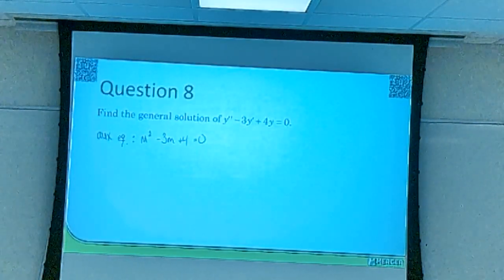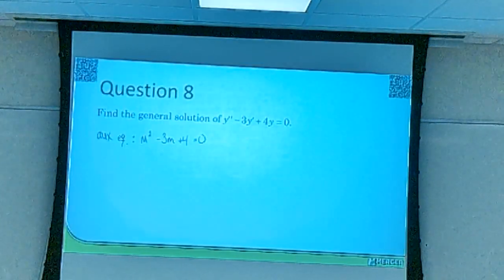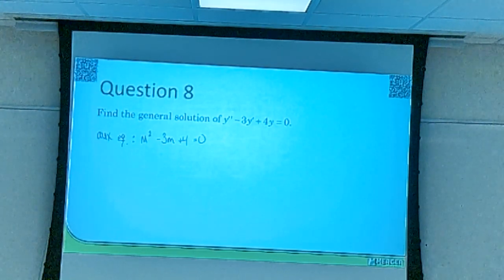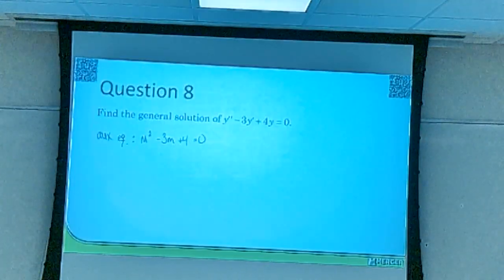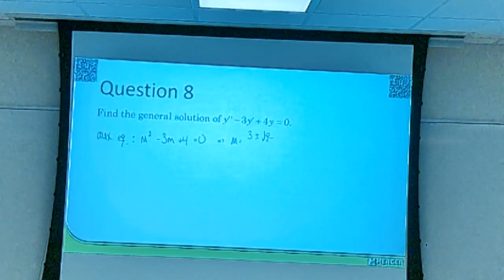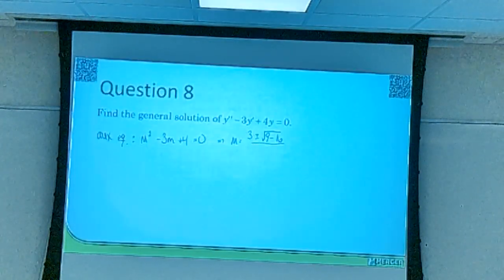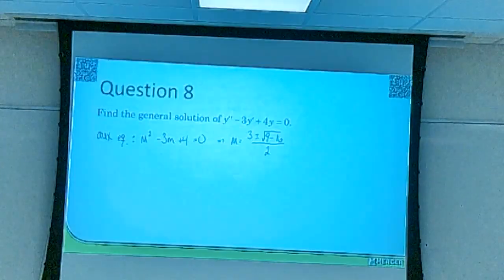Can that be factored? I mean, technically, the answer is yes. Every number can be factored. But can it be factored with just integer coefficients? No. 4 times 4, 16. And you should be able to see that we're going to get complex again. The discriminant is negative.